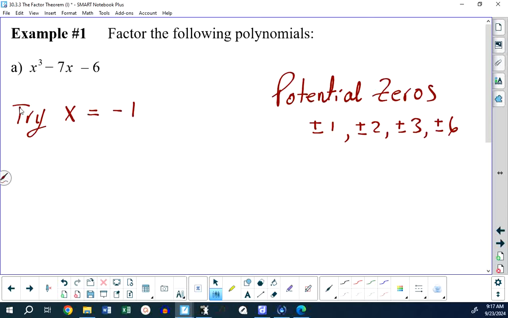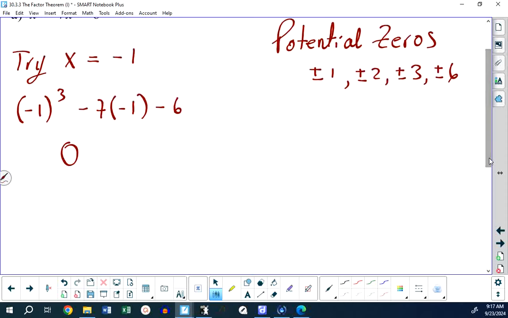So you go negative 1 cubed minus 7 times negative 1 minus 6, and you say, oh, that's equal to 0. You don't even need to check, right? Because you just did on your calculator. And then you say, x equals negative 1 is a 0.